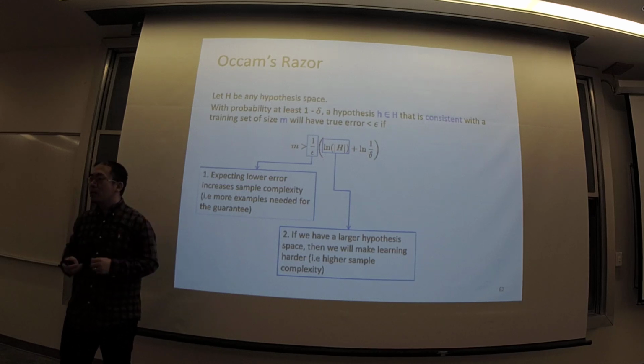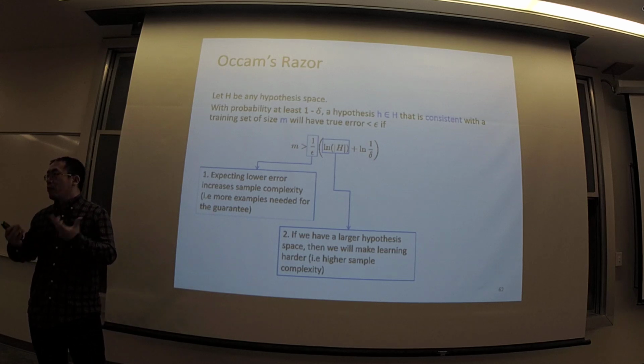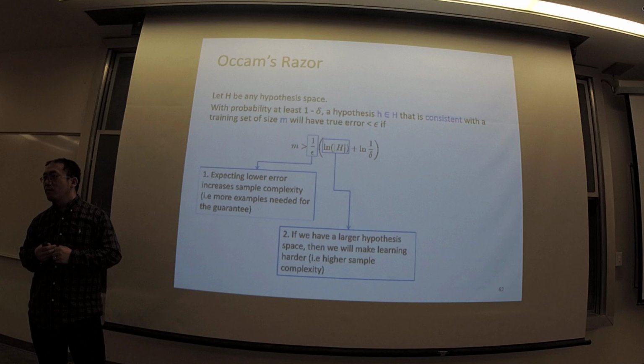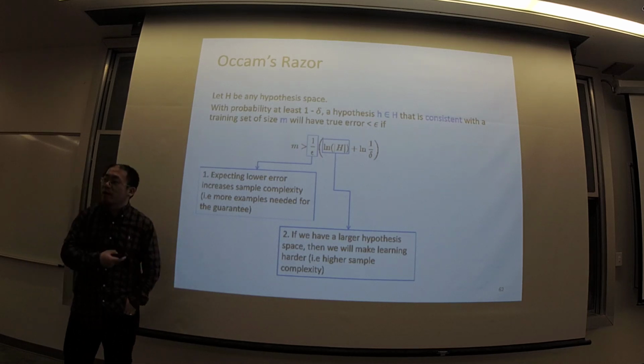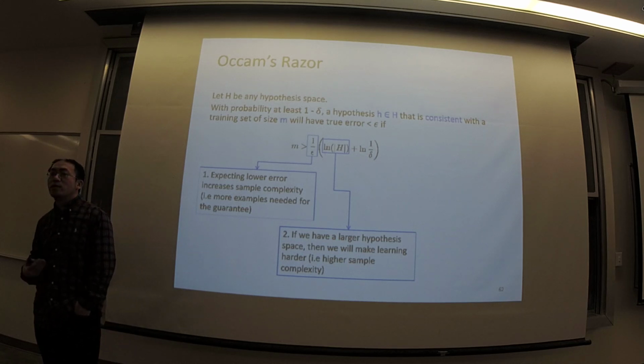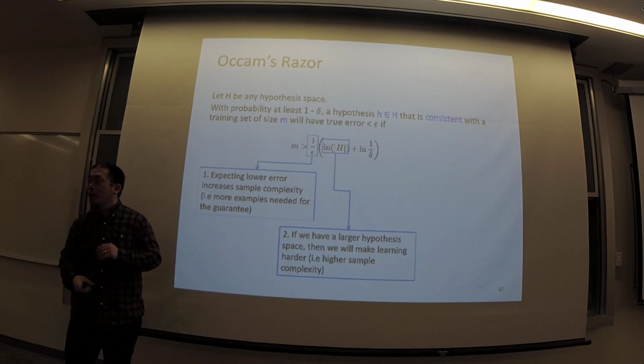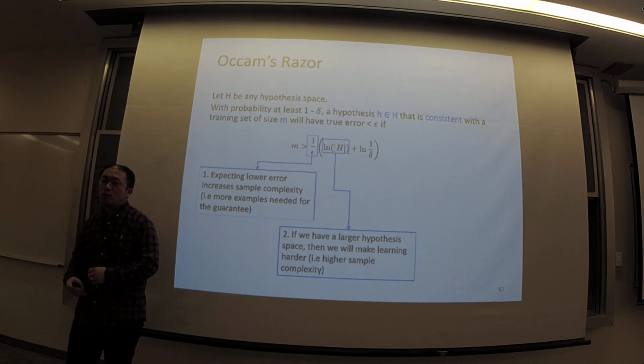The larger the hypothesis space your algorithm uses, the more complex your machine learning model is. The more complex models you choose, the more training examples you require. This is reasonable as well. If I use linear regression, I don't need that many training examples to achieve some specific level. But if you use artificial neural nets, you have to use a lot of examples.